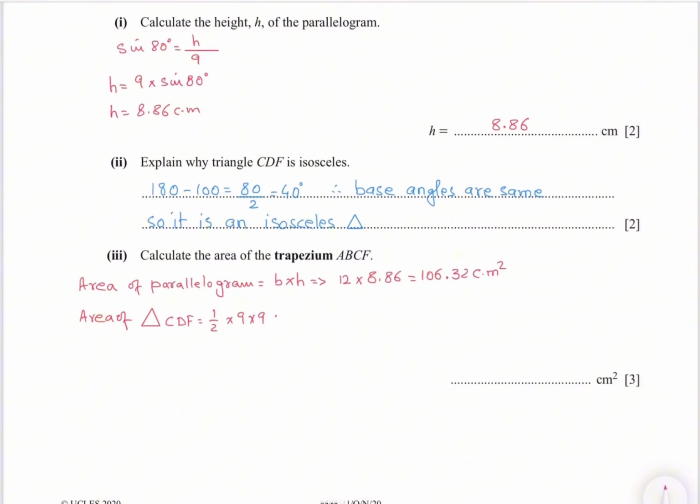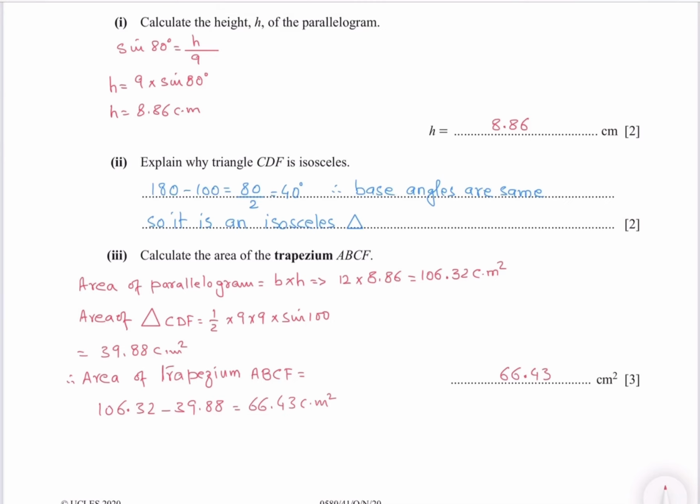So sides are 9 and 9 and theta is 100. So this is area of triangle CDF. Therefore, area of the trapezium would be 106.32 minus 39.88, so 66.43.